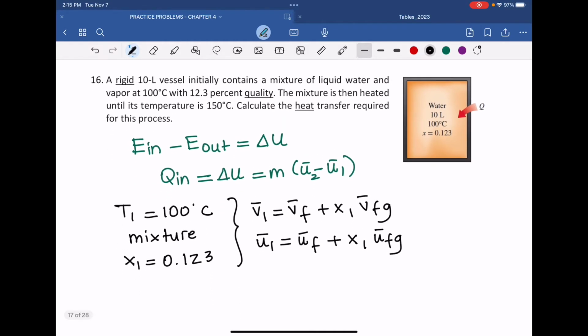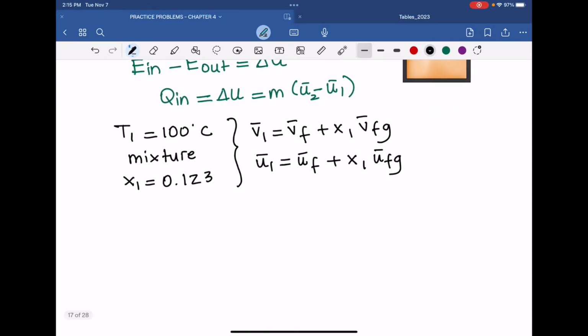So here we write down how we calculate the values for specific volume and internal energy at the first state, looking at the tables, Vf and Vg minus Vf.